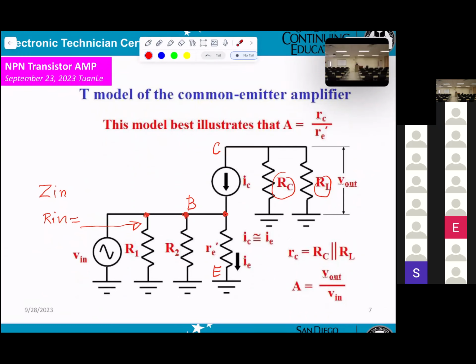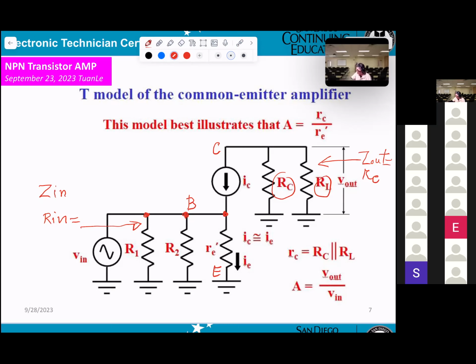Okay, try to understand we're converting from the DC circuit to the AC circuit. If you're looking into the output here, they will be G out, or in this one, RC, the output impedance.